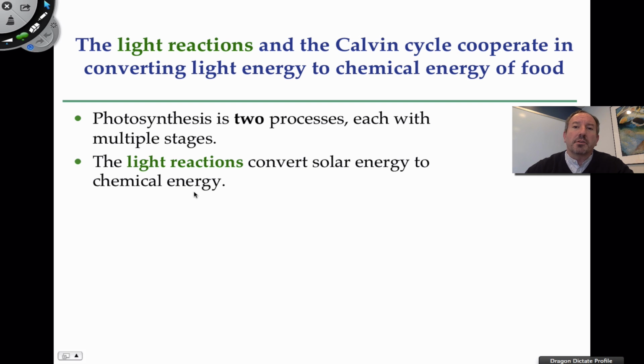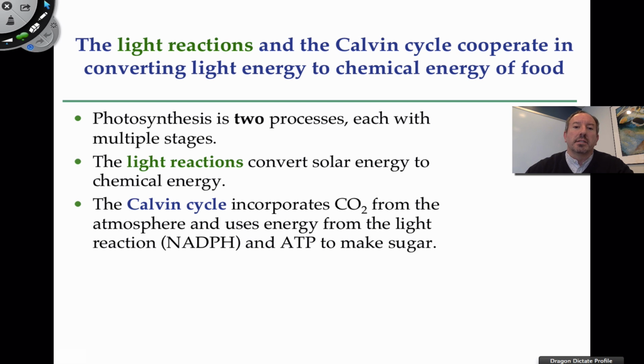And it's not the chemical energy that you might be thinking of, glucose. In fact, it's the chemical energy of ATP and a reduced coenzyme called nicotinamide adenine dinucleotide phosphate reduced. How's that for a mouthful? We'll get into it. And so the Calvin cycle is the second part, or the second process.